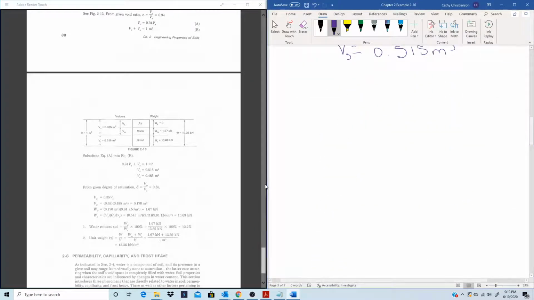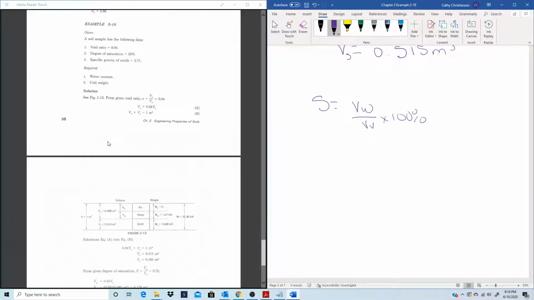Degree of saturation is S equals VW divided by VV times 100. And they gave us that in the problem, 35%.